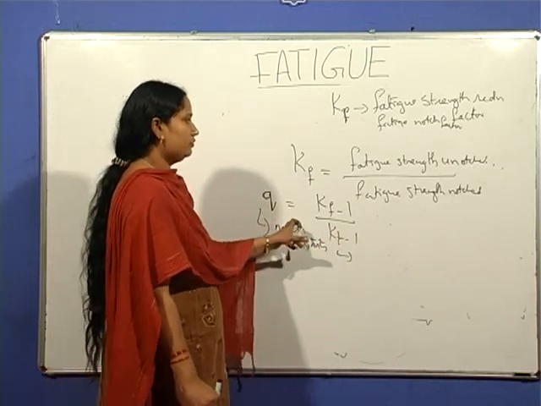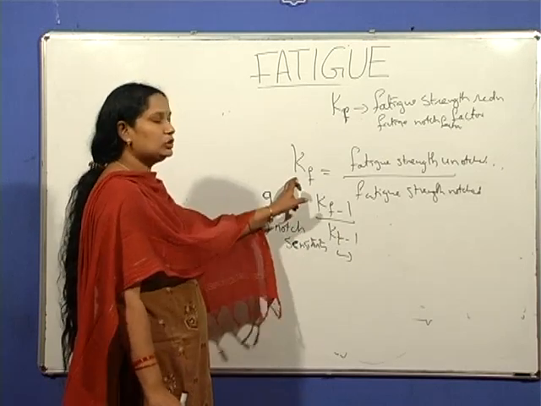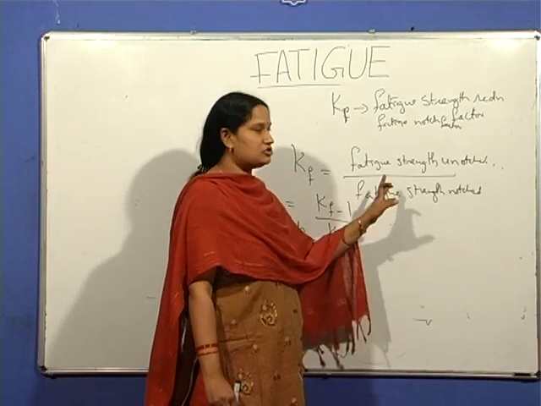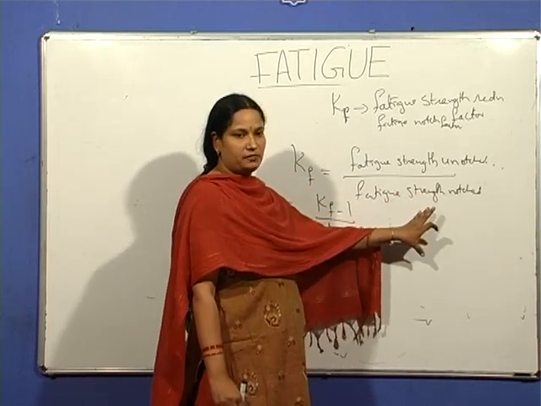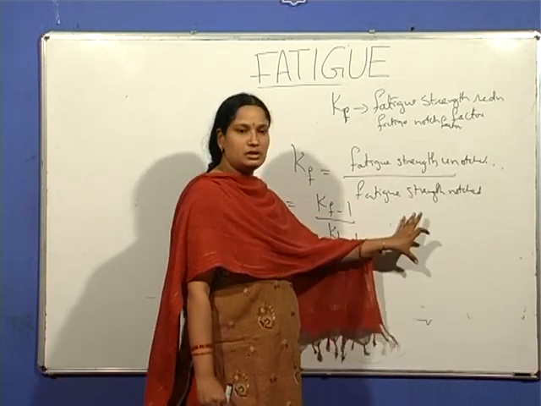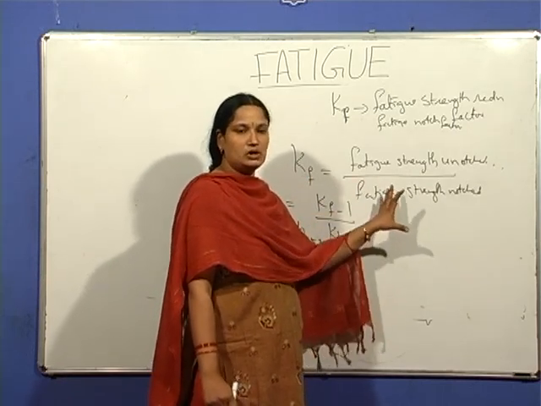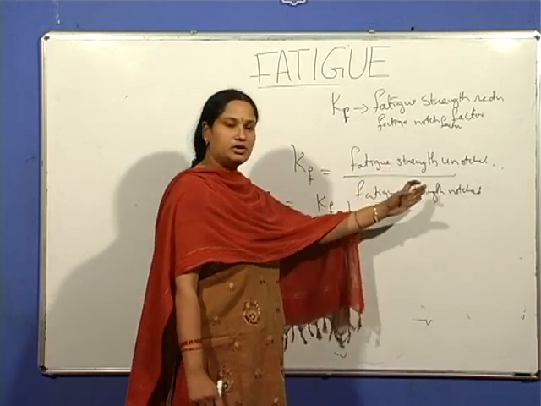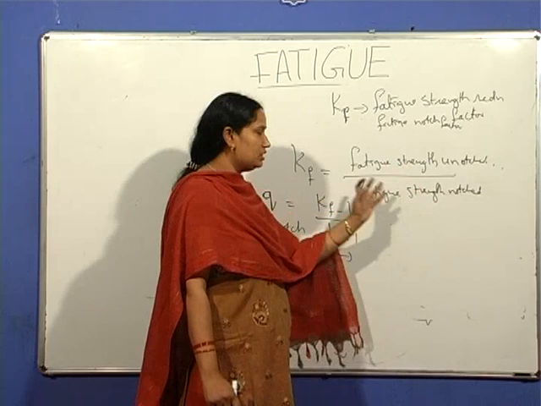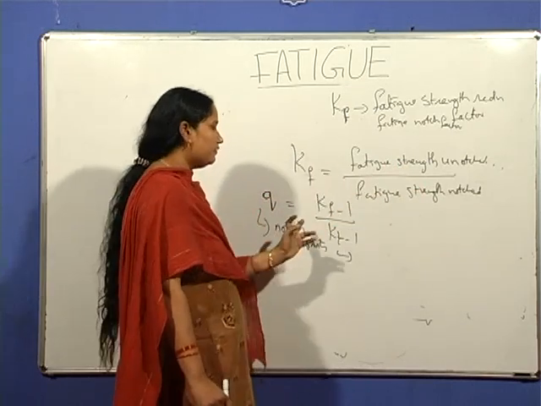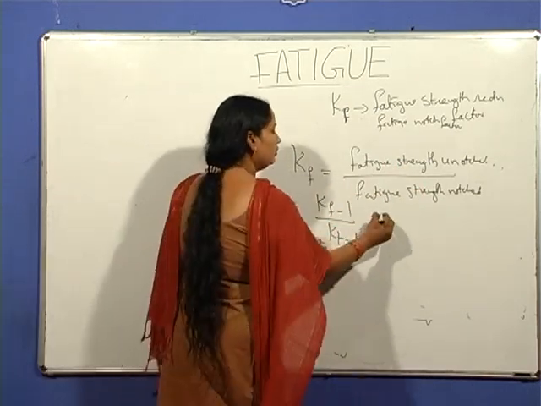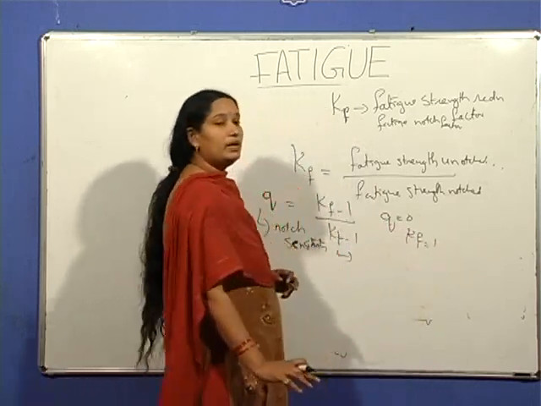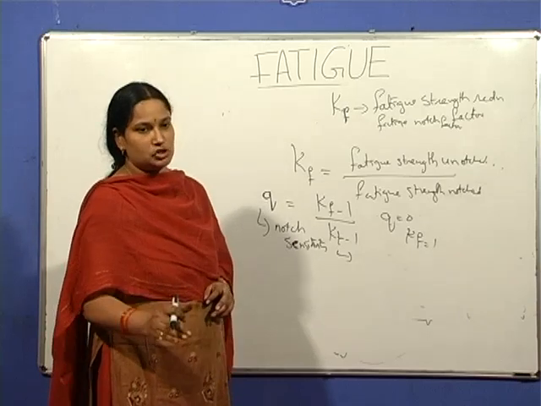For the case of Kf equal to 1, that is, when there is no reduction in fatigue strength due to the presence of a notch, the fatigue strength for the unnotched specimen is equal to the fatigue strength for the notched specimen. When Kf is equal to 1, we have q equal to 0. That is, there is no effect of the notch on fatigue strength.